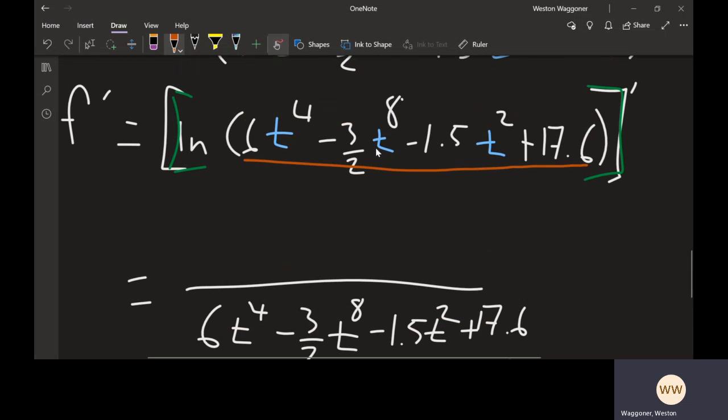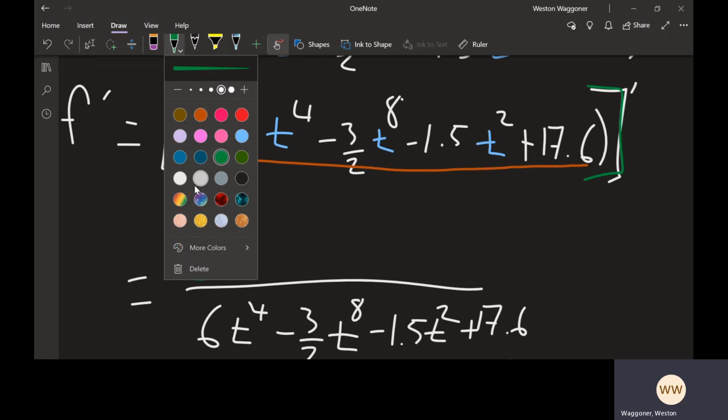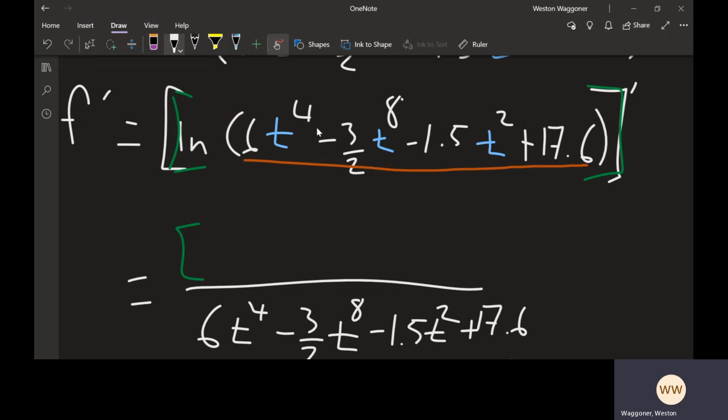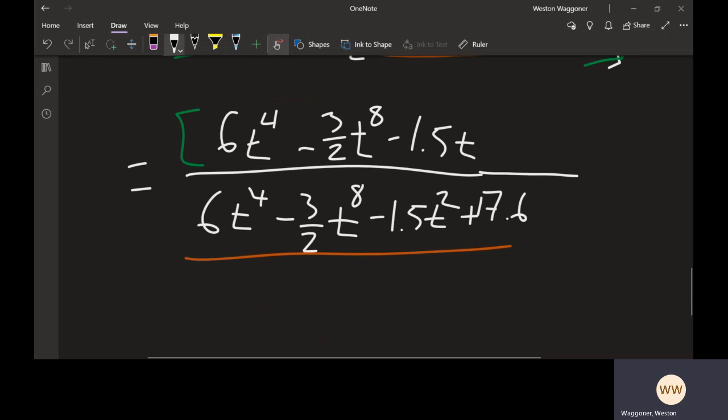And now we're going to have the derivative of what's on the inside, which is going to be 6t to the 4th minus 3 over 2 t to the 8th minus 1.5t, plus 17.6.